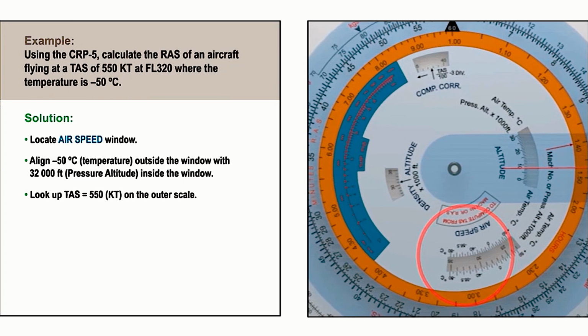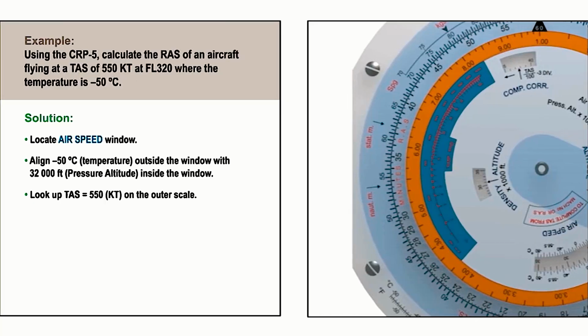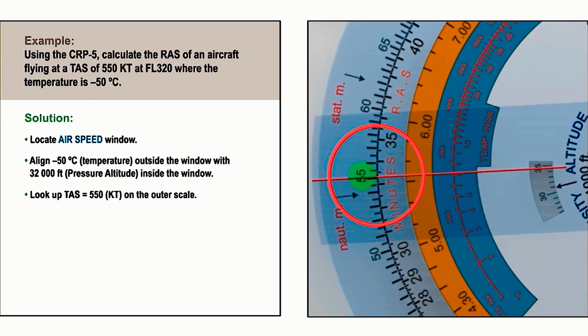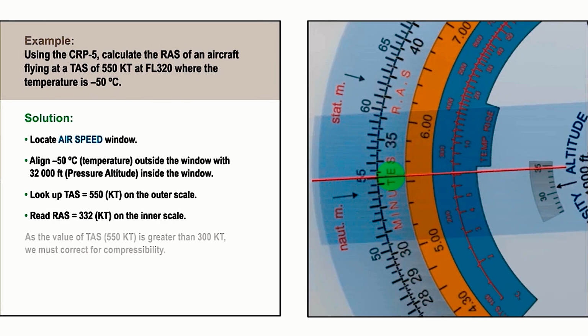Look up the true airspeed of 550 knots on the outer scale and read off the rectified airspeed of 332 knots on the inner scale. As in the previous example, the true airspeed is greater than 300 knots, and so we must correct for compressibility.